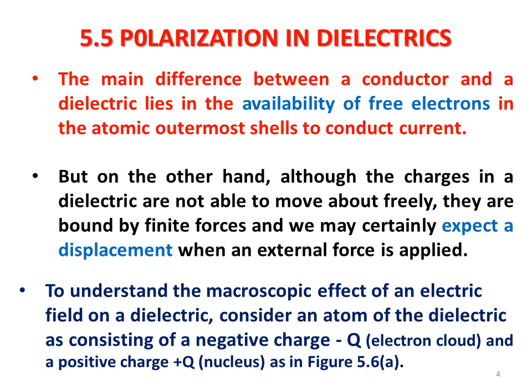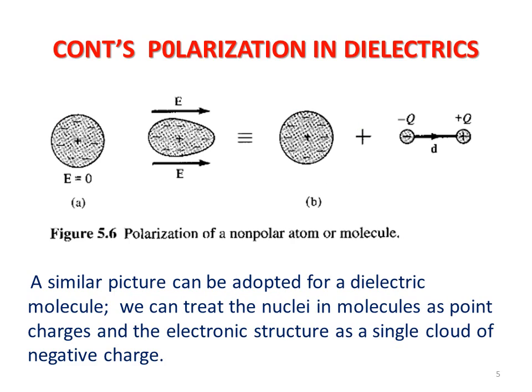To understand the microscopic effect of an electrical field on a dielectric, consider an atom of the dielectric as consisting of a negative charge and a positive charge, as shown in the figure. Here E is equal to 0, and here E is applied.